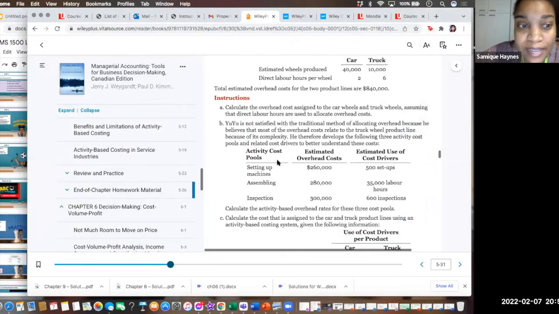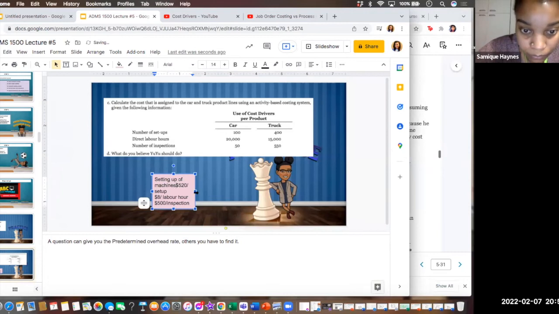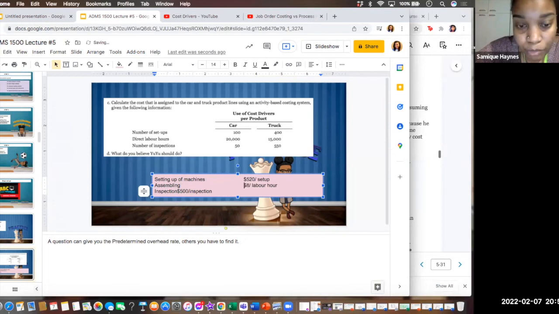How much of the setting up of machines, assembling, inspection. I'm going to write that down too. Setting up of machines, assembling, inspection.